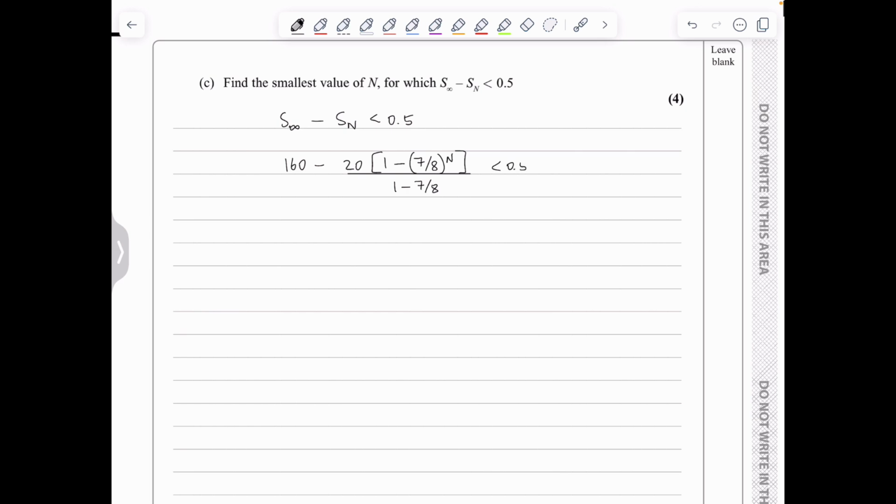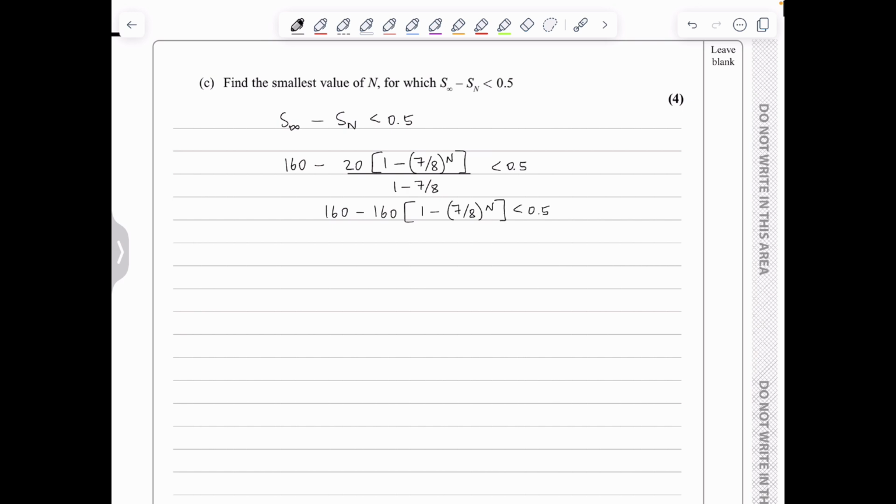And then we proceed by observing that the 20 over 1 minus 7 over 8 is simply the sum to infinity, which is 160. So I can write this as 160 minus 160 times 1 minus 7 over 8 to the capital N, close brackets, being less than a half.